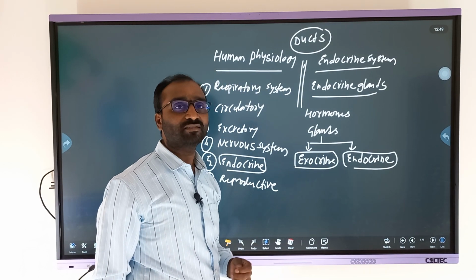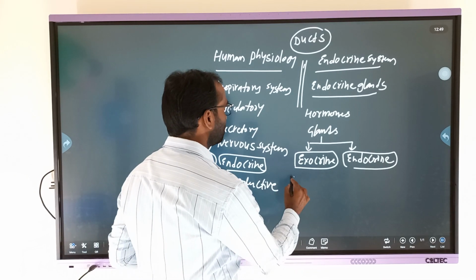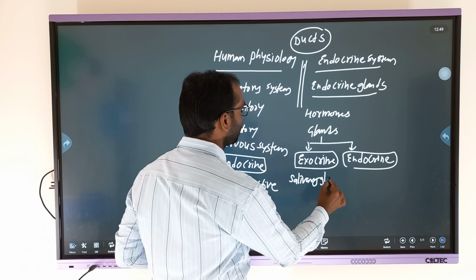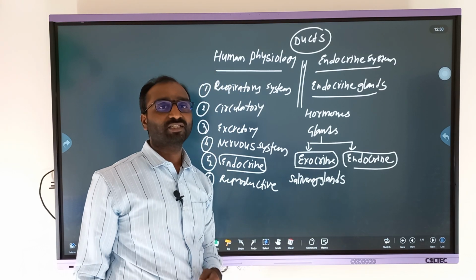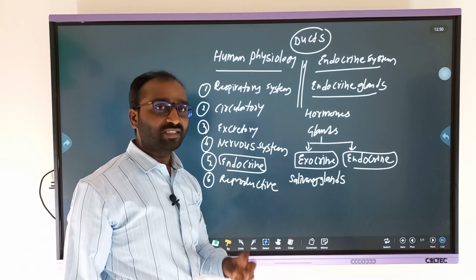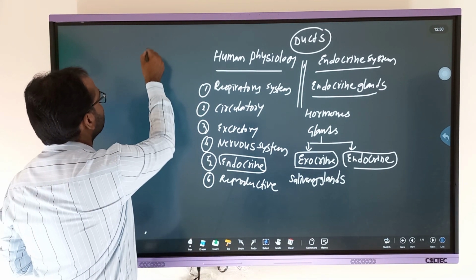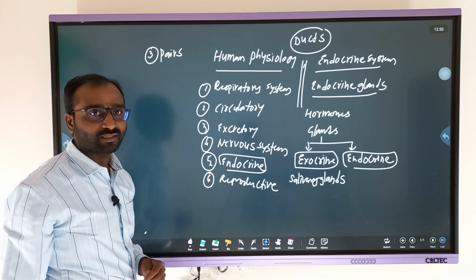Here, exocrine glands, for example, salivary glands. Here, we should have an idea. In our body, there are three pairs of salivary glands.